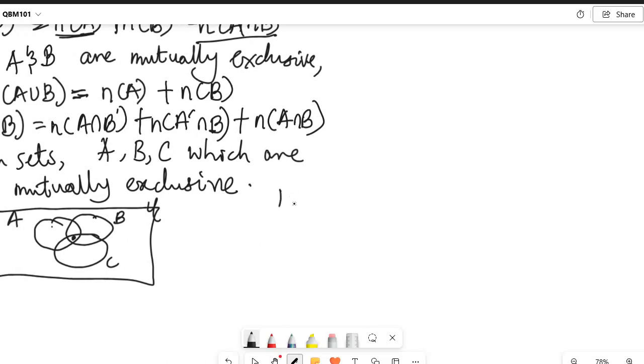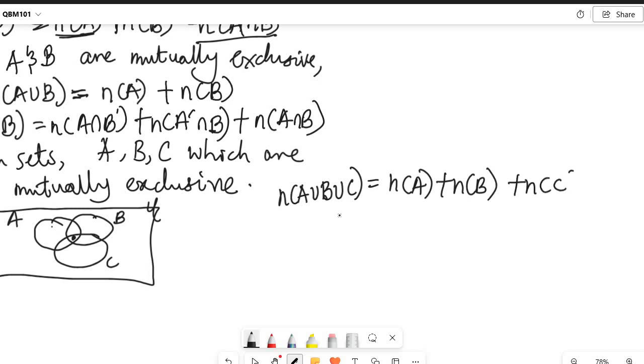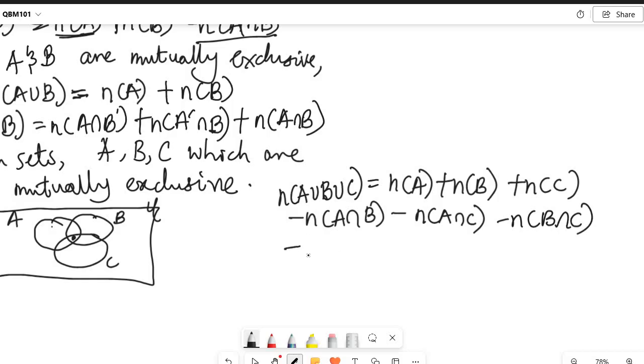In this case, n of A union B union C would be equal to n of A plus n of B plus n of C minus n of A intersection B minus n of A intersection C (sorry, not union, pardon me, the intersection) minus n of B intersection C plus n of A intersection B intersection C. It is quite similar to two sets if you look at it very carefully. Then yeah, this would be your union of the three sets.